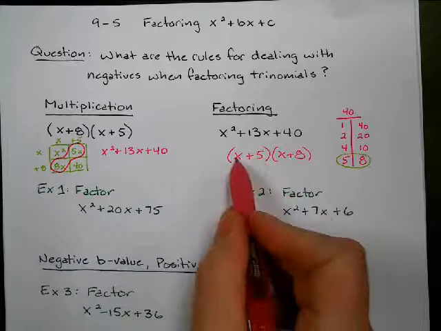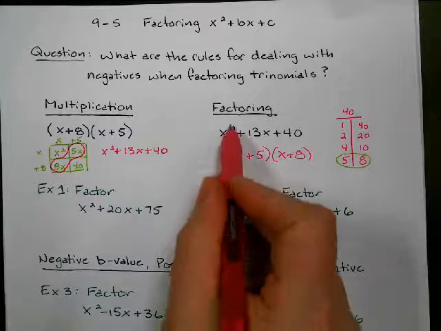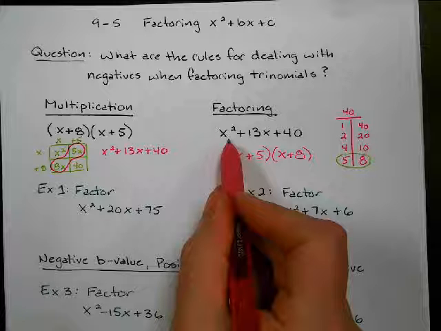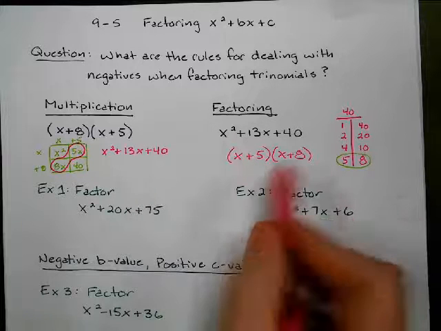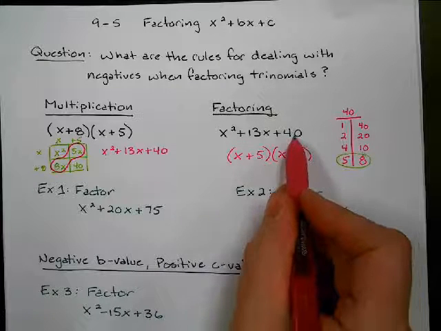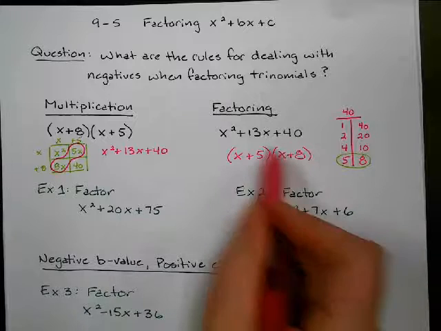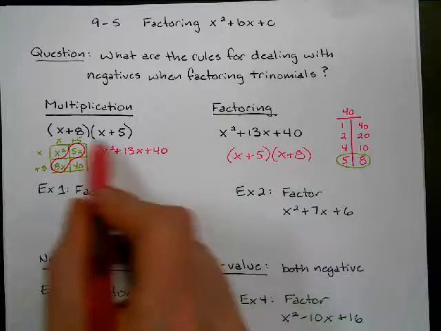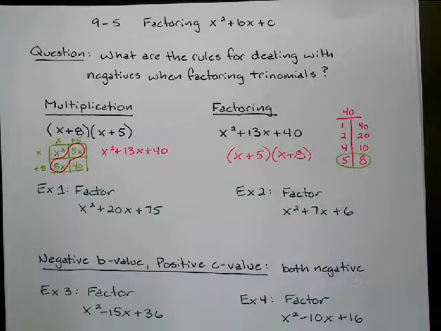We know that we have to start with x and x because that's how we're getting the x squared. And then 5 times 8, that's where we're getting the 40. 5 plus 8, that's where we're getting the 13. We can see that when we multiplied it out.